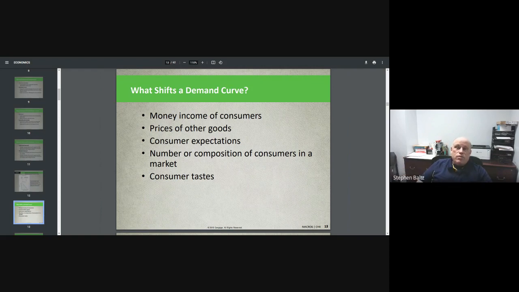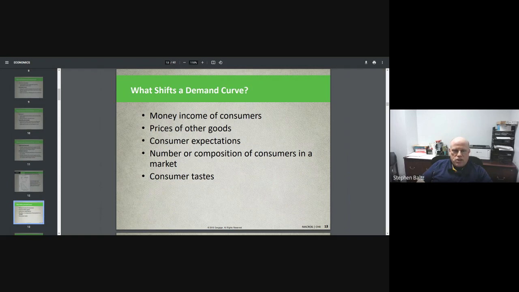If we think the price of a good like gas is going to decrease in the future, then we're probably going to wait and buy it when we think it's going to be a lower price. So that's going to shift demand downward now, today. So consumer expectations, what we think is going to happen in the future, will also shift the demand curve.